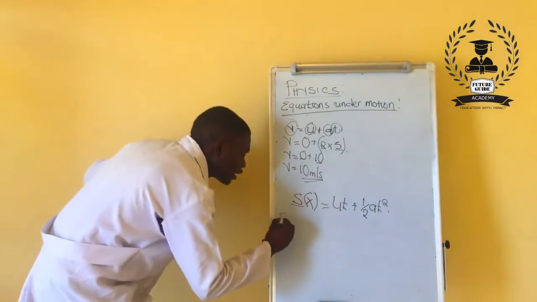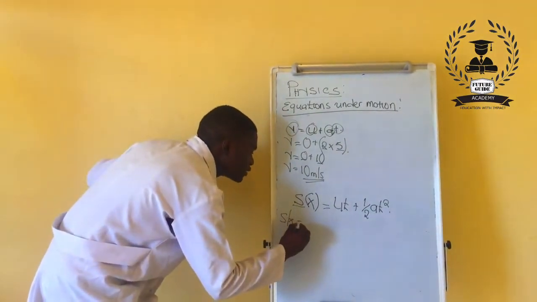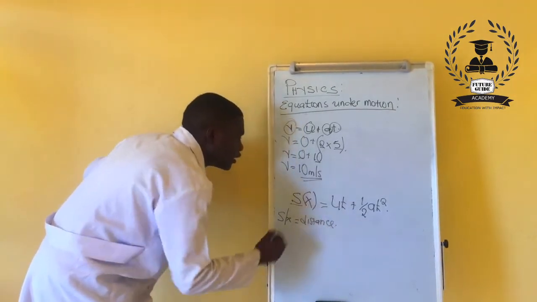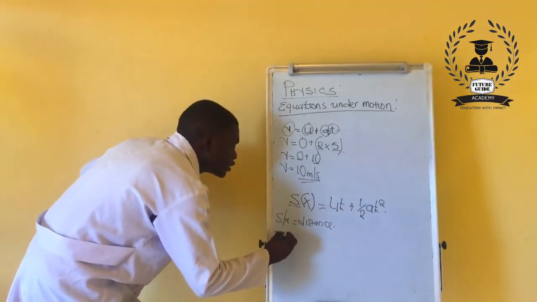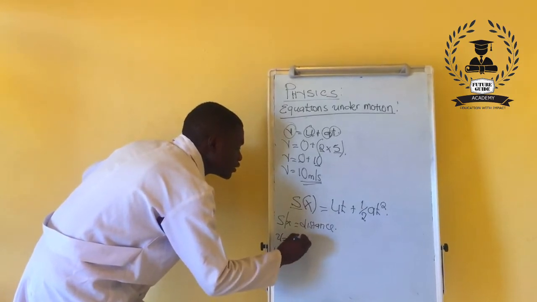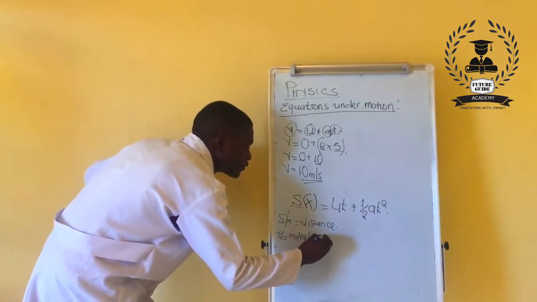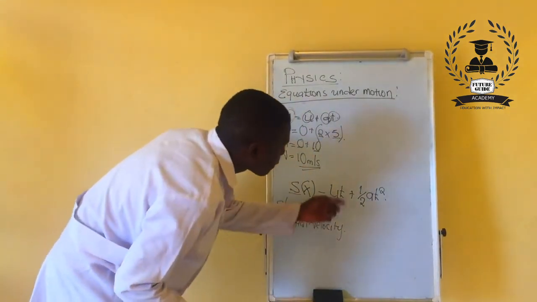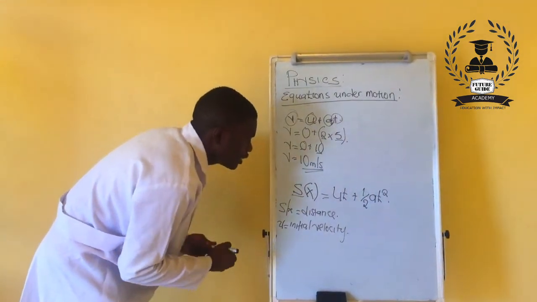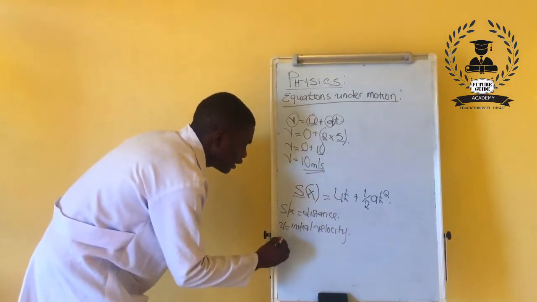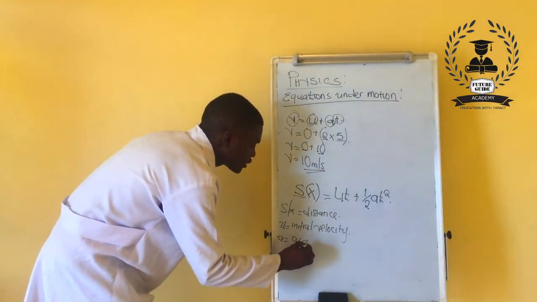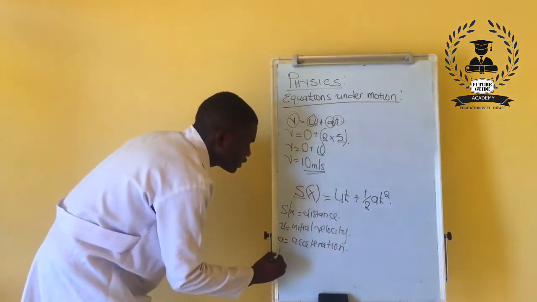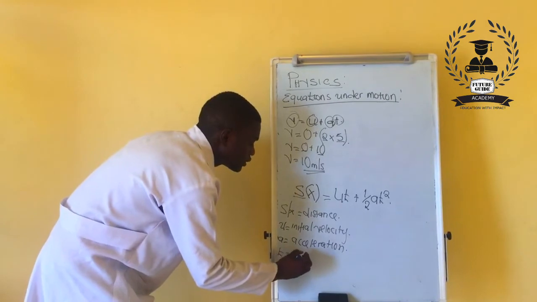Now, here s or x is equal to distance, u is equal to initial velocity, as well as half, we have it already, it's in digits, and then a is equal to acceleration, t is equal to what?